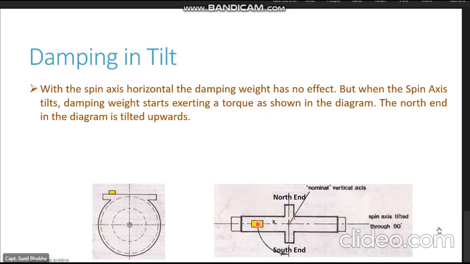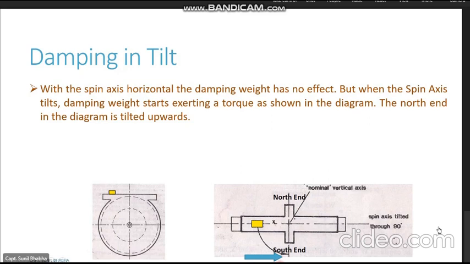So this weight tries to pull down the westerly part of the casing. And if you see its effect on the spin axis, it is trying to push the spin axis in this particular direction. You can see this arrow appearing on the screen now. This is how the damping weight is trying to push the south end of the spin axis.